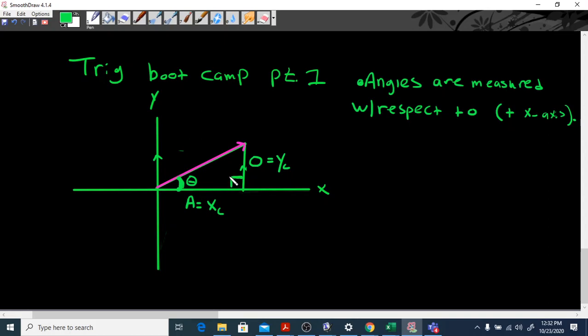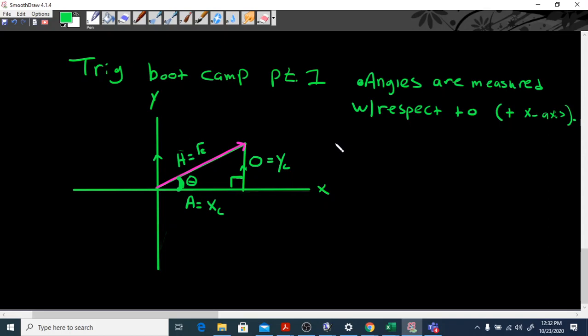Across from the 90-degree angle, here's my 90, we call that the hypotenuse, H for hypotenuse, but we also call it the r component of the angle.